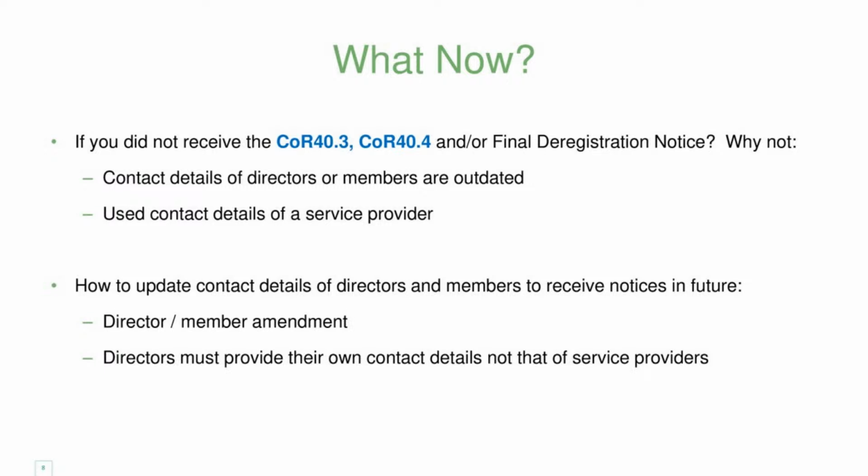It could be possible that the service provider that you requested to assist you with registering the company has used their personal details, for example, their email address and contact details instead of the ones of the director. So please go onto the CIPC website and check that the correct up-to-date details are on our systems.